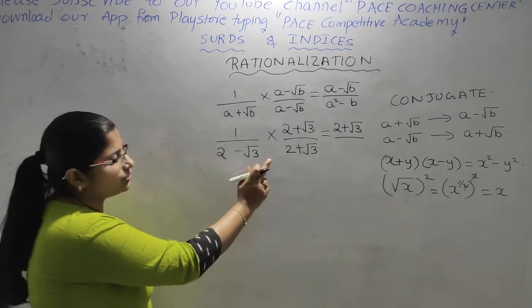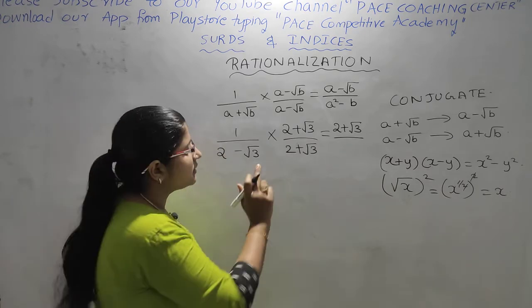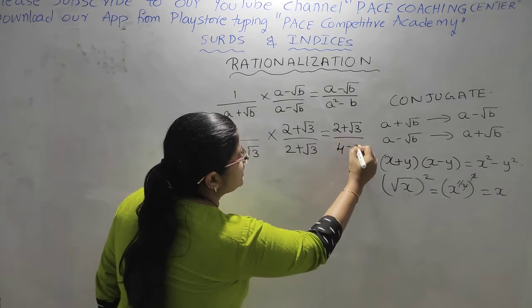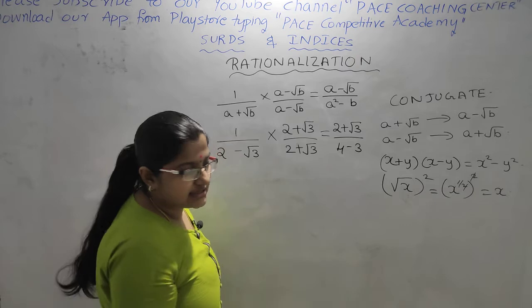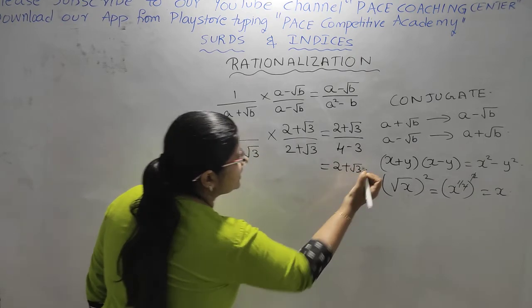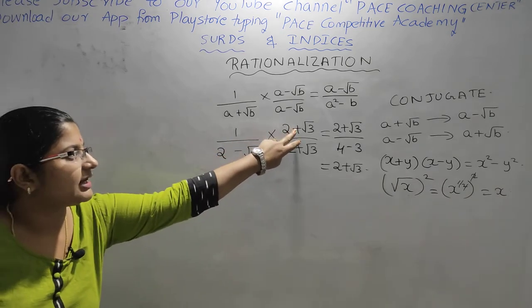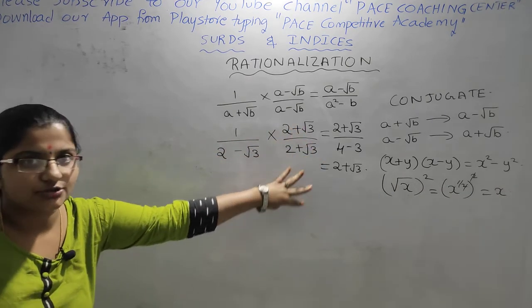So x is 2 and y is root 3, which is nothing but 2 square is 4, root 3 square is 3, 4 minus 3 is equal to 1. So we got 2 plus root 3.